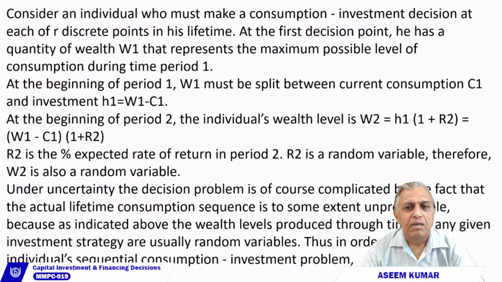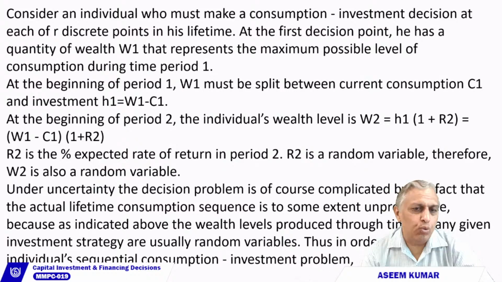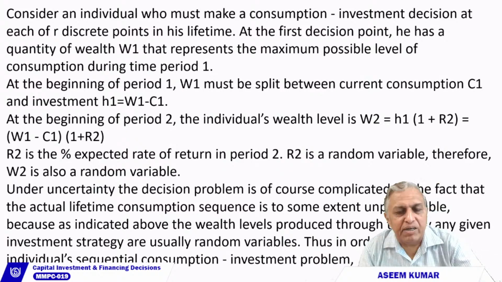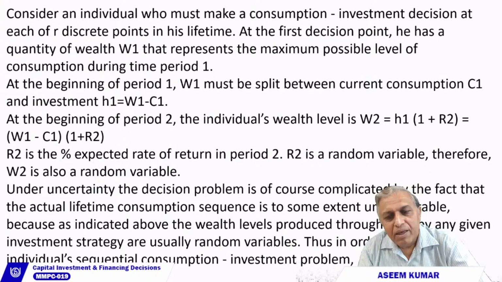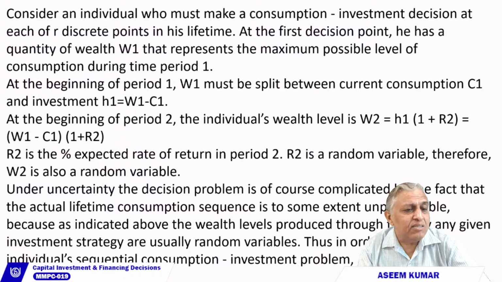W1 minus C1 is equal to H1. At the beginning of period 2, the individual's wealth W2 is H1 times (1 plus R2). R2 is the percentage expected rate of return in period 2. R2 is a random variable, therefore W2 is also a random variable.